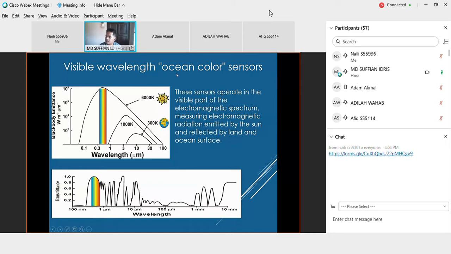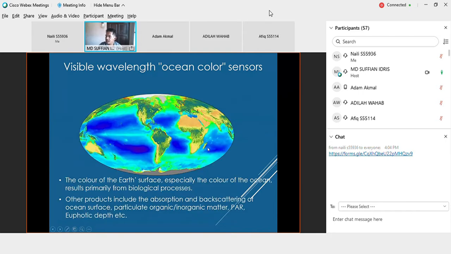Visible, daripada 0.4 hingga 0.7 micron, 400 hingga 700 nanometer. So visible ataupun kita panggil sebagai ocean color. Ocean color bermaksud bahawa visible wavelength of the satellite application. And then, the color of Earth's surface, especially the color of the ocean, results primarily from biological processes.